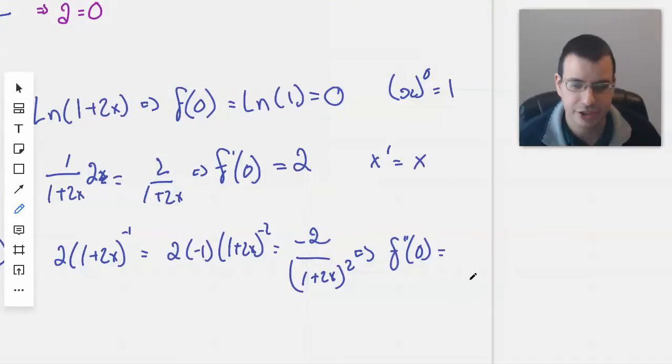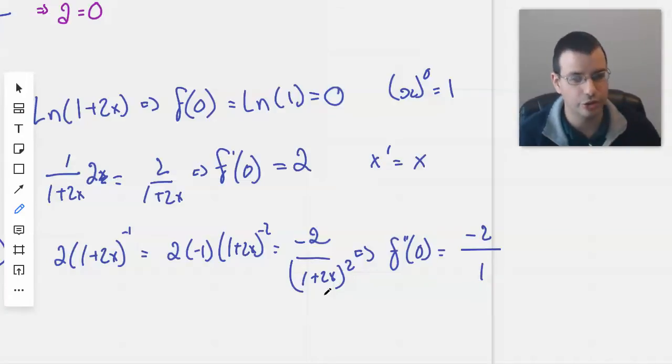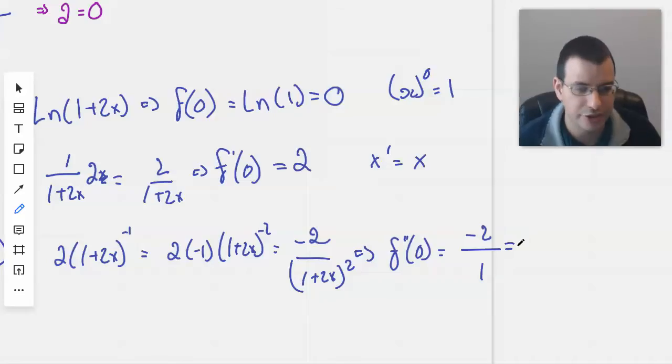Inconsistent. Negative 2 over 1 plus 0 squared, which is still 1, which gives us negative 2. So we have 2 and negative 2. And then x squared will be x squared.